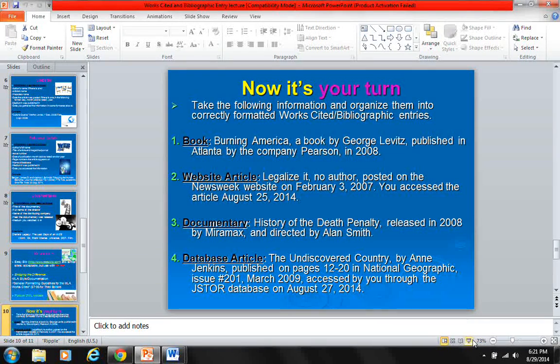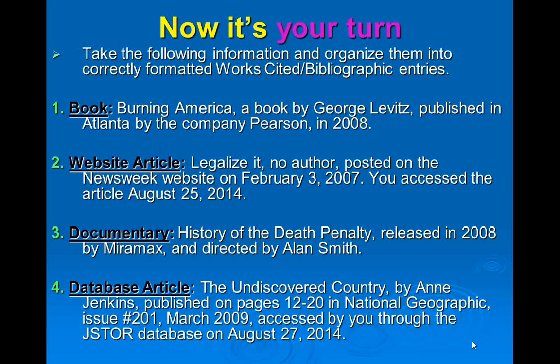So here is your assignment, your writing exercise. I've given you 4 different sources. For each one, I want you to go through and take the information that I've given and organize it into a correct works cited, or bibliographic entry for each one.